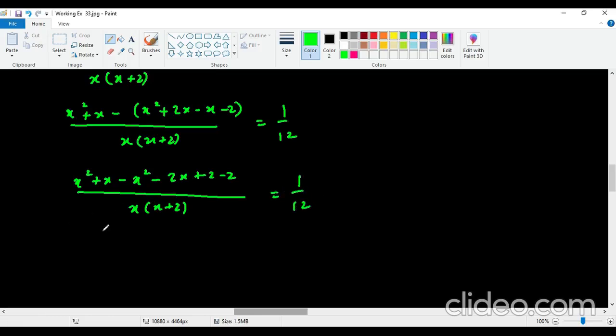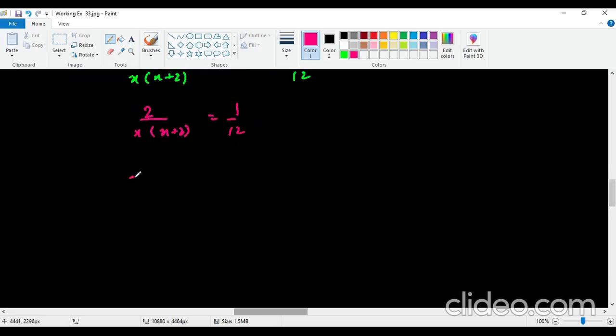So in here, this one and this one got cancelled, and 2x minus x is going to give us a 2 only, over x plus 2 equals 1 over 12.